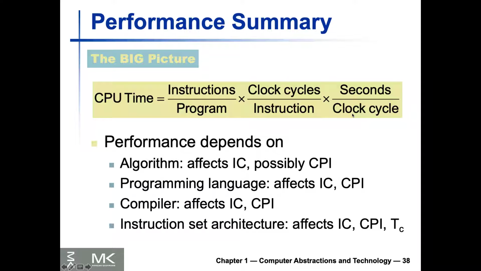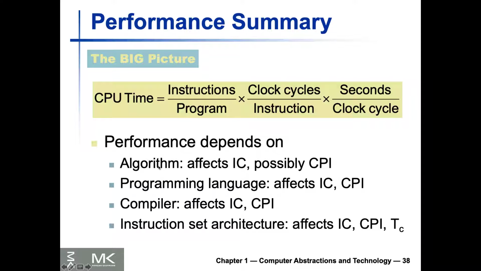You see, the more we go right, the more fine grain we go, right? First, starting from instructions per program, clock cycles per instruction, and then seconds divided by clock cycle, right?